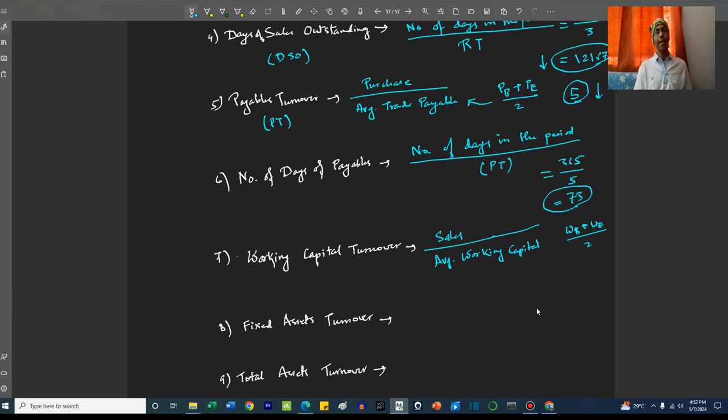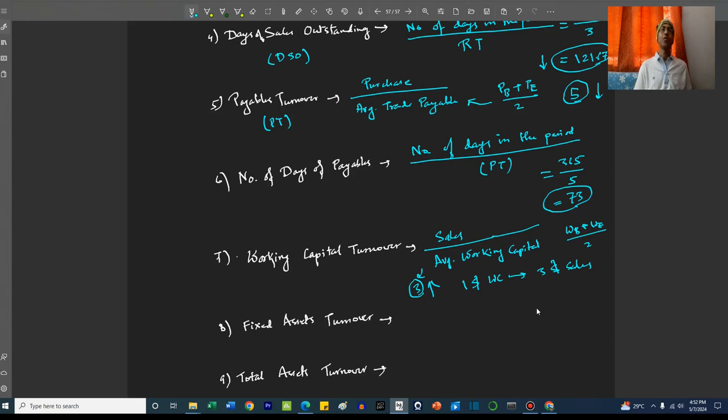So let's say this number is 3. This means, say the currency is in dollars, $1 of working capital produces $3 in revenue or sales. Generally, the higher this number is, the more efficient the usage of working capital is considered to be.